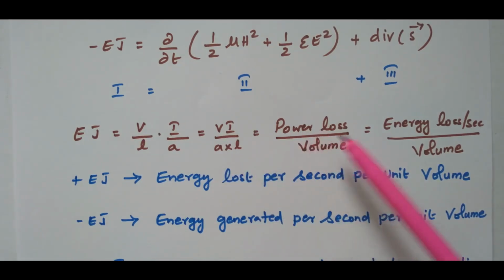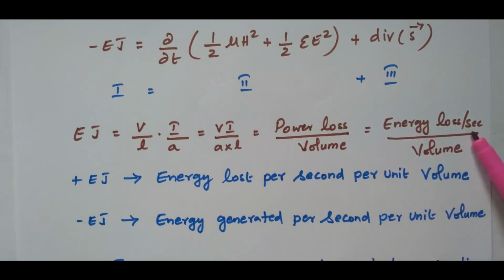So this power loss can be written as energy loss divided by second. Energy is nothing but power into time. So energy divided by second will give power, and divided by volume. So EJ is nothing but energy loss per second per unit volume. It will give the value of the energy loss per second per volume.